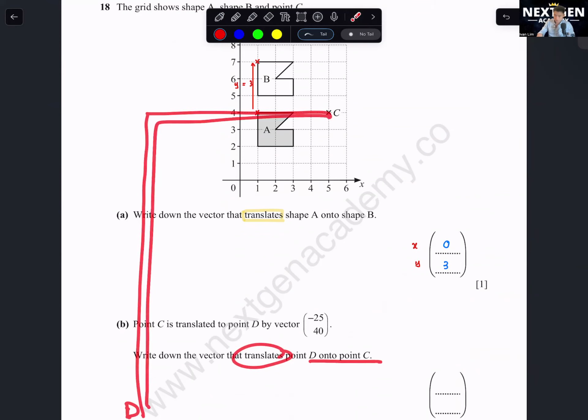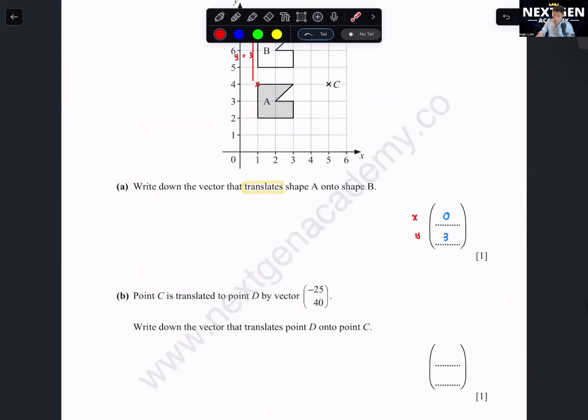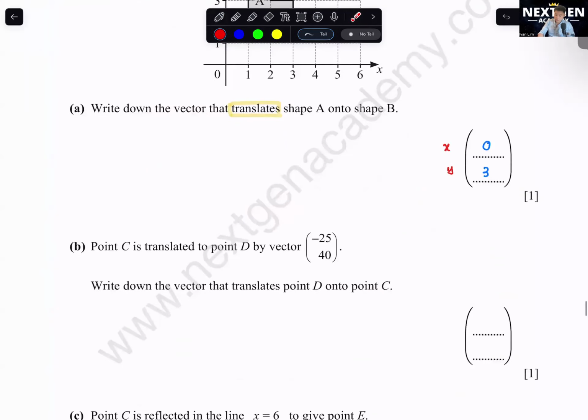That means the reverse of it. So what would be the reverse? 25, then minus 40. Yes, good. Razik, you're good. The reverse of it will just be the opposite symbol. So for the inverse, just remember this: opposite symbol. Very good.